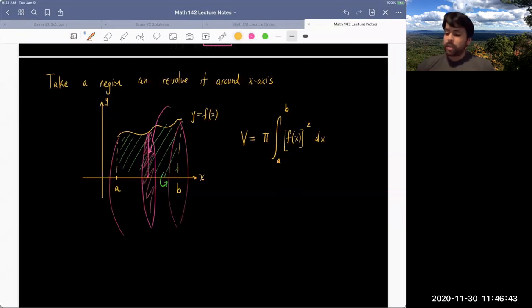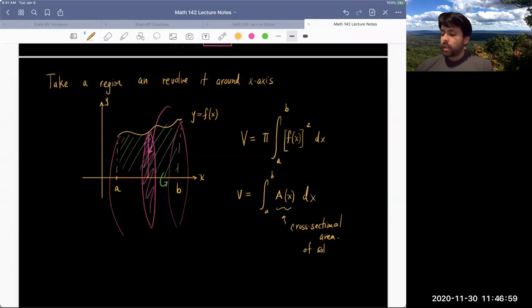So some textbooks write it this way, as the integral from A to B of A of x dx, where A of x is known as the cross-sectional area of the solid.